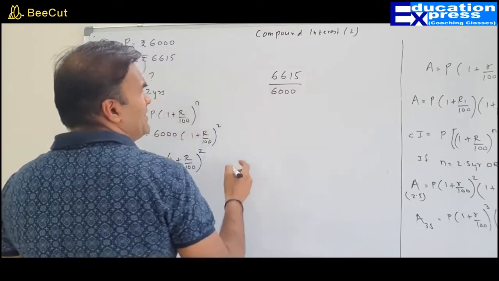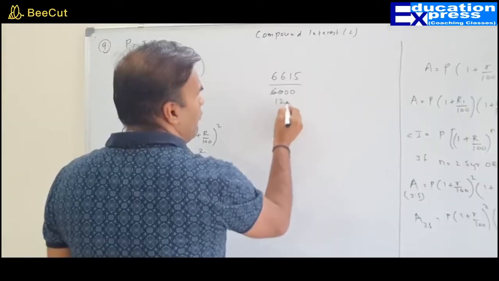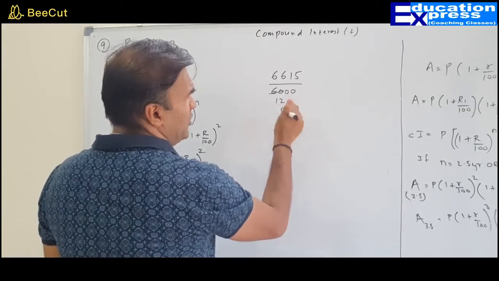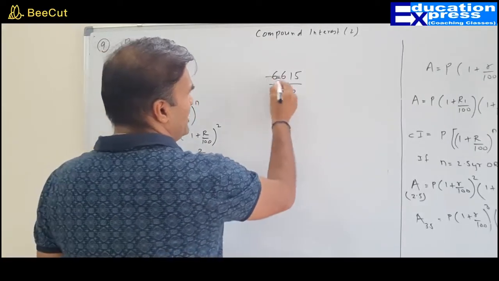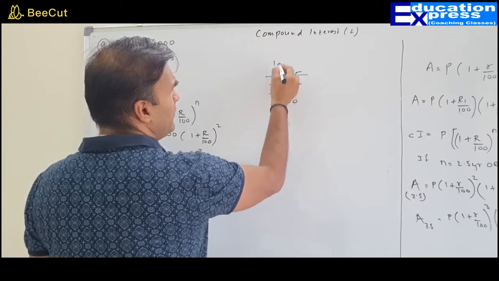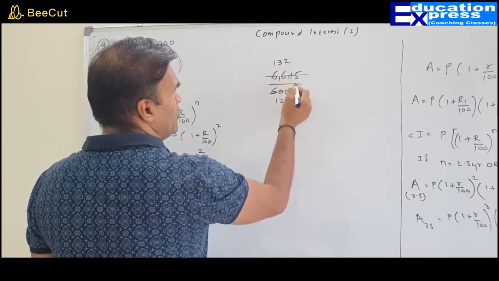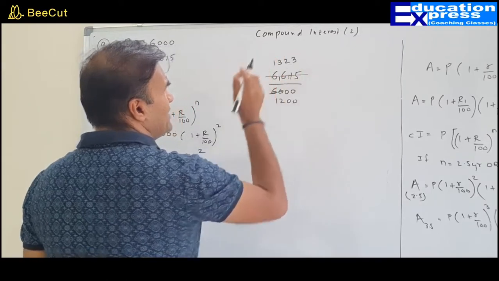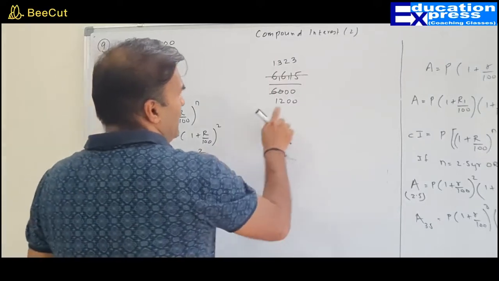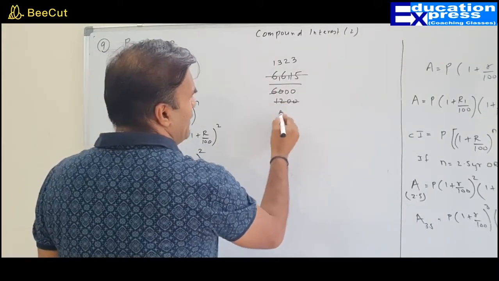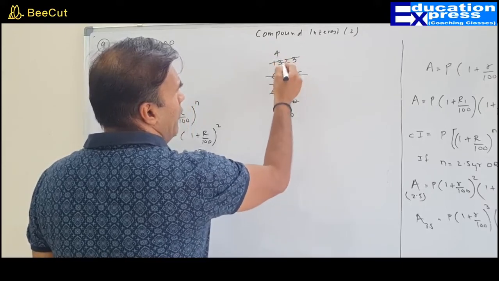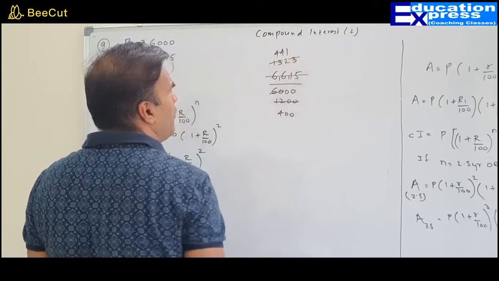We can divide by 5. Even this can be divided by 5. So basically I have divided simply by 5. This number can further be divided by 3. That will become 441 upon 400.